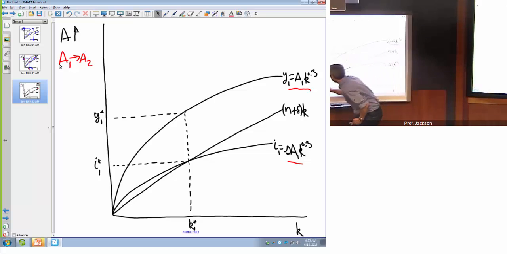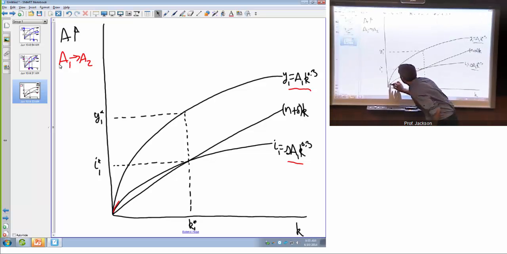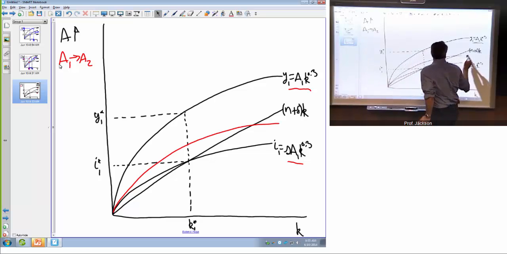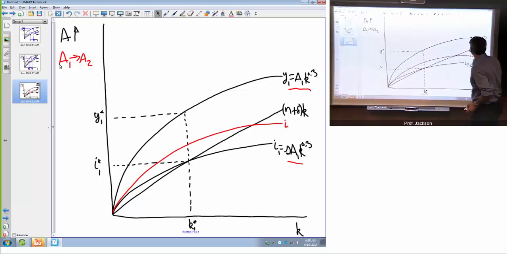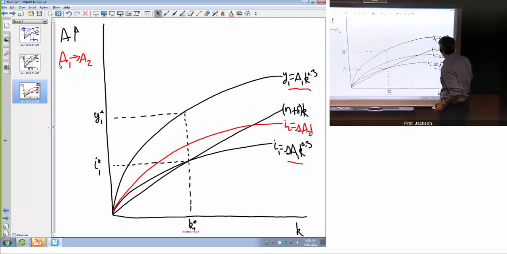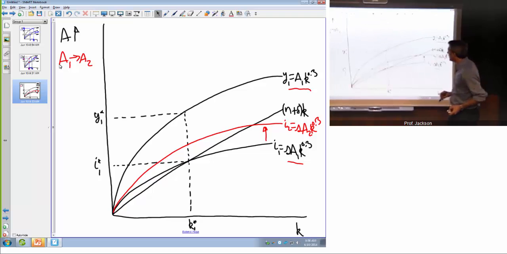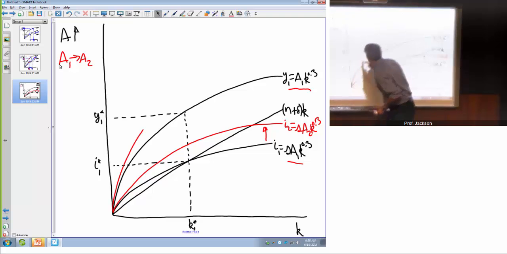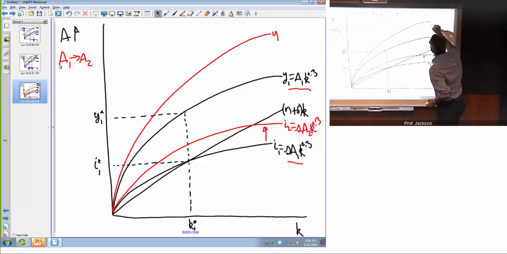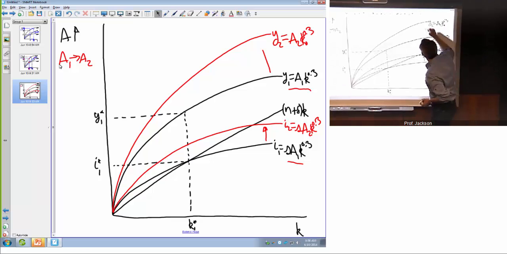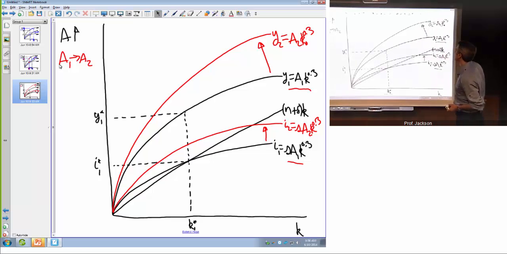So what happens here is the increase in A, again, holding capital constant, means that our investment function is going to shift up, but it also means our production function is also going to rotate upwards, okay?